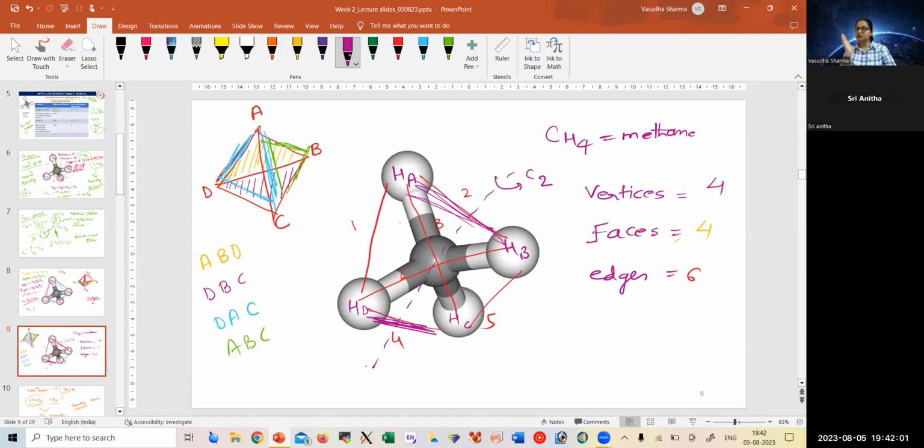This is passing through two opposite edge centers. And when it is passing through those, the other two, HA and HD, and HB and HC, will go as a flap. So they will replace their positions but give us the equivalent conformation. So one C2 is along your edge 4 and edge 2 centers. Is it clear?